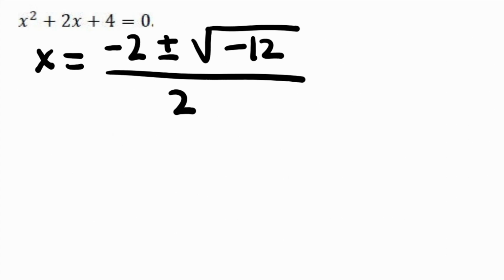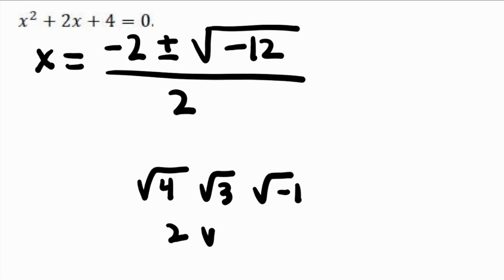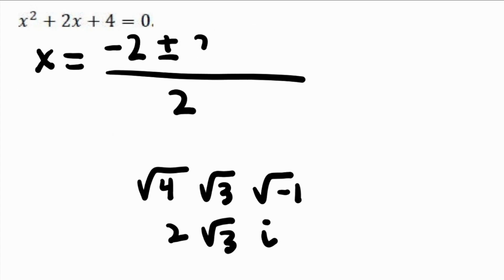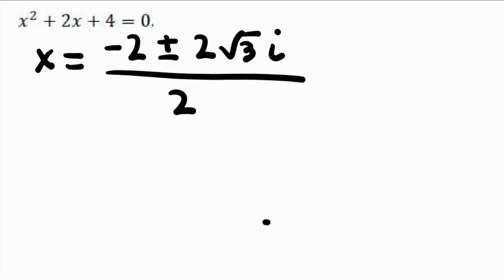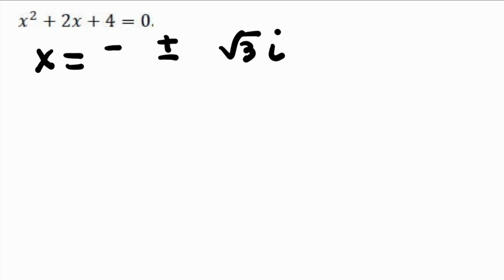And maybe off to the side I'll say the square root of -12 is the square root of 4 times the square root of 3 times the square root of -1, which I might call 2 root 3 i. Okay. And so if I was to divide that whole numerator in half, then I would divide both of those things in half, so I'd have -1 plus or minus square root of 3 times i. So those are going to be my roots.